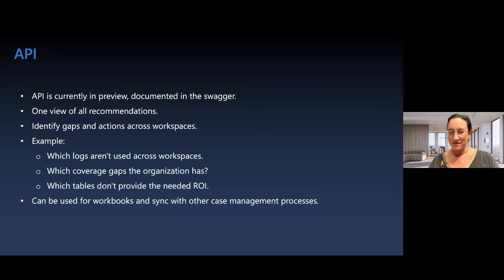So for example, if you would like to see if there are common logs that are not being used across workspaces, or mutual security gaps in the threat-based recommendations, or which tables don't provide the needed ROI, you can look at it, and Jeremy will show you how through the API and get a lot of information that is needed, and of course sync this with other systems you might have in your organizations where you initiate conversation with other teams in the organization.